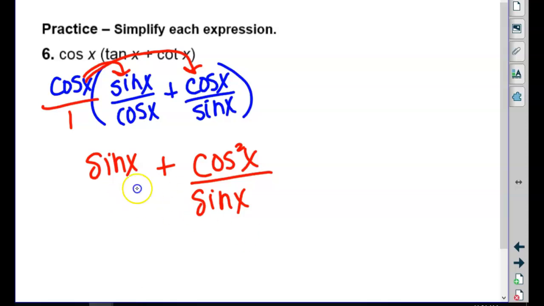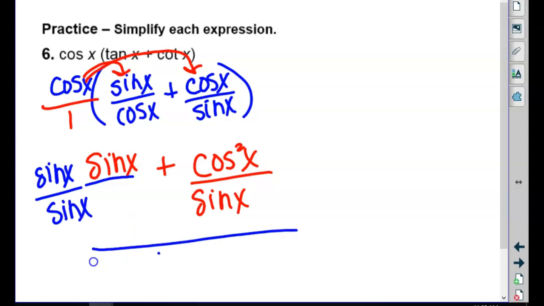Can I cancel these sines? Only if it's multiply, right? Cannot cancel across a multiplication, addition or subtraction. What can I do instead? Yes, sine x over sine x. So now I have a common denominator of sine x. What did this become?